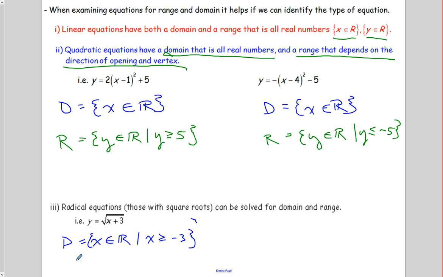Nothing lower than that would work. For my range, y is an element of real numbers, such that y is greater than or equal to 0. Can't be below 0. It can't have negative y values. So if I get something funny looking like this, I graph it on Desmos, I have a look, and then I'm able to figure out the domain and range by having a look at it there.